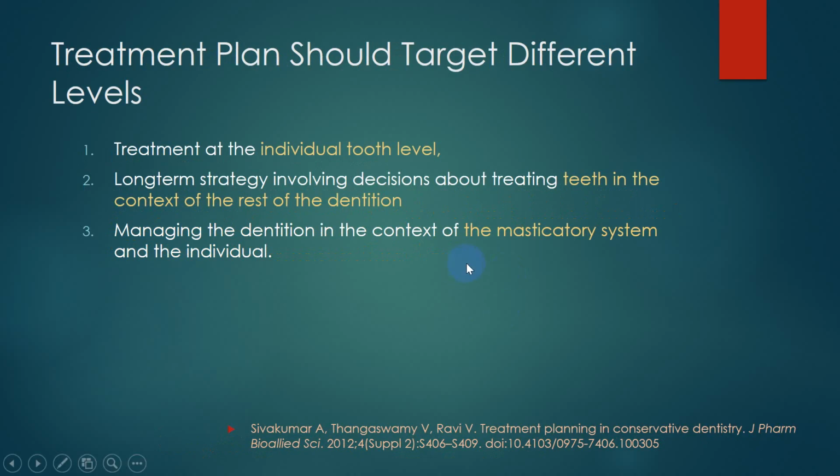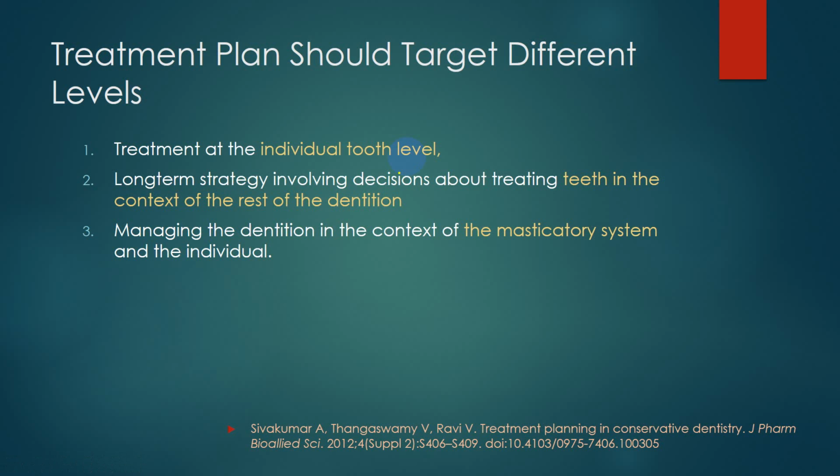So the treatment should be at different levels. It should not be limited only to the first point here, which is treatment at the individual tooth level. A fractured tooth, you can treat by, for example, RCT and post-crown, or you can extract the same fractured tooth in two different patients.